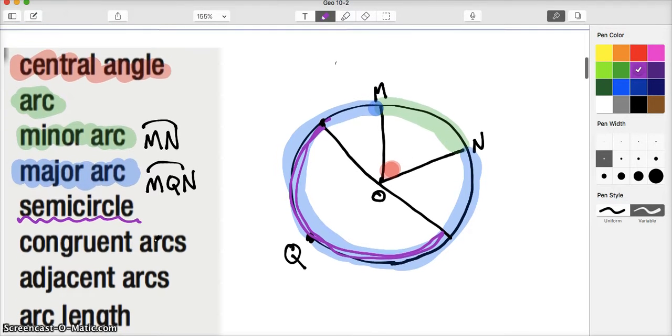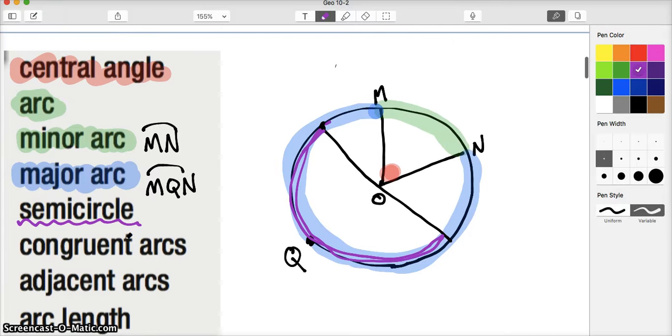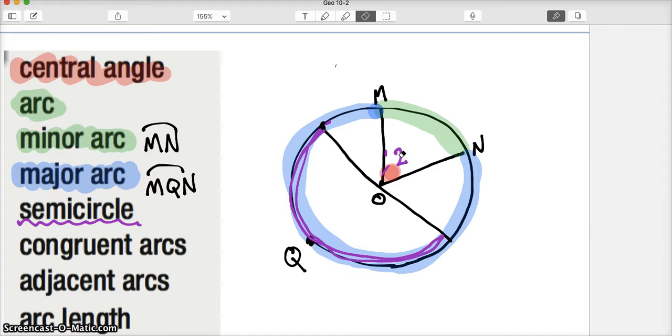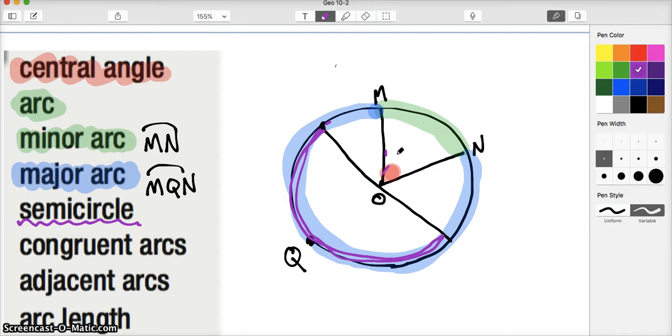So congruent arcs. Arcs are going to be considered congruent when the central angle that is associated with it has the same measure. So let's say this is 60 degrees. This looks like 60 degrees to me.